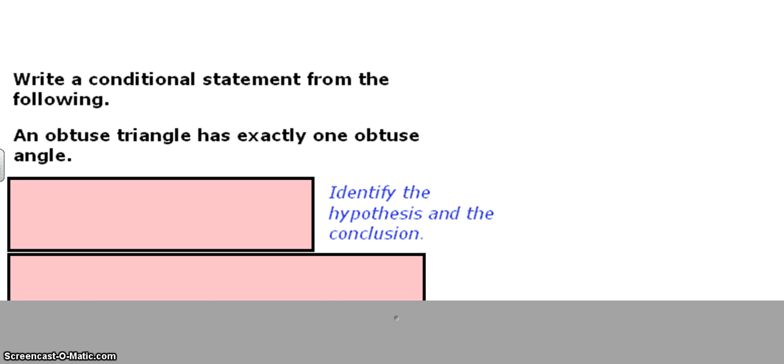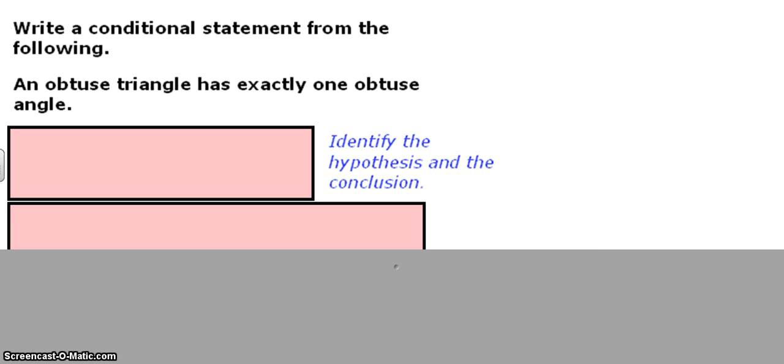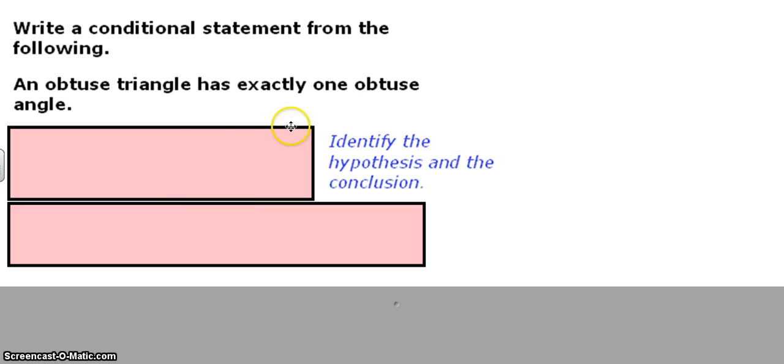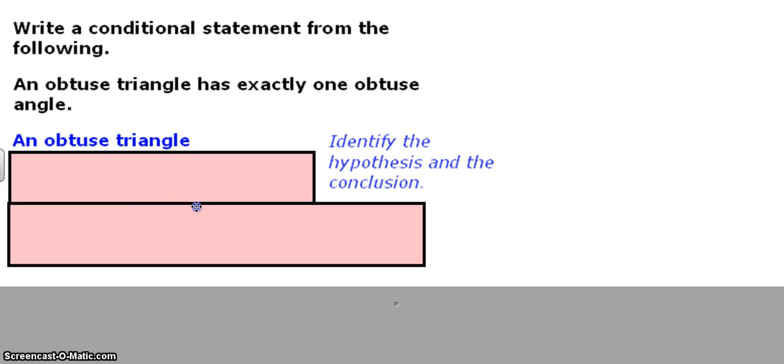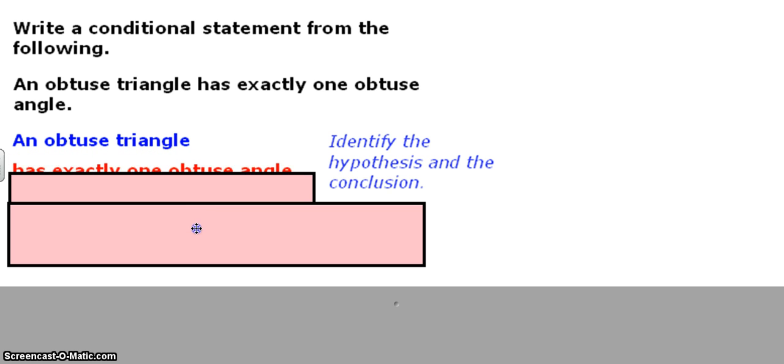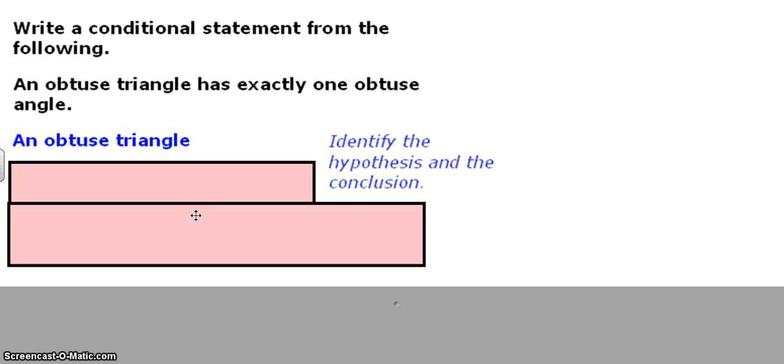Let's write a conditional statement from the following. An obtuse triangle has exactly one obtuse angle. Can you identify the hypothesis? Well, the hypothesis must be an obtuse triangle, right?